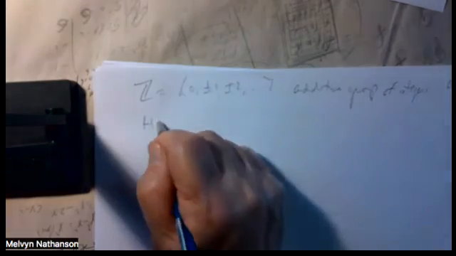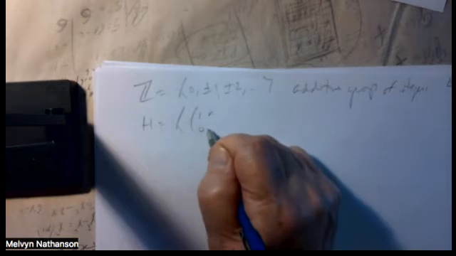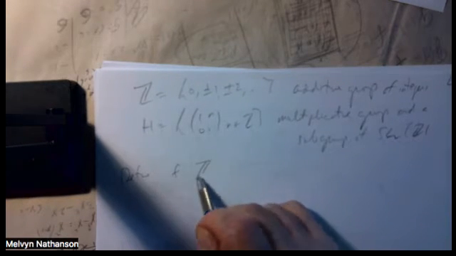And I have H, which is all matrices 1, n, 0, 1, which is a multiplicative group and a subgroup of SL2Z. I can define a function f from Z to H by f of the integer n is the matrix 1, n, 0, 1. So this is a function that associates to every integer this matrix.